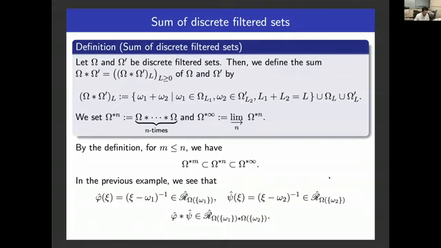So we now define the sum of discrete filtered sets, and it represents the singular points of the convolution product of Ω-continuable functions and Ω′-continuable functions. For given two discrete filtered sets Ω and Ω′, we define the sum Ω ⋆ Ω′ by the formula here.